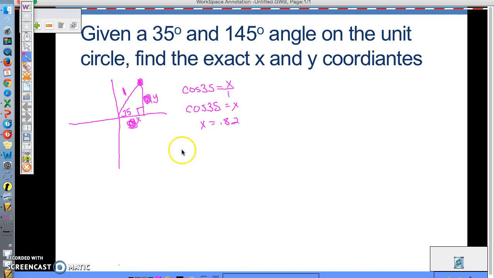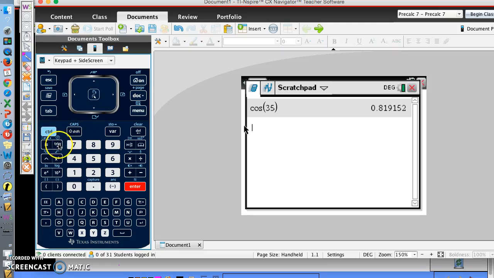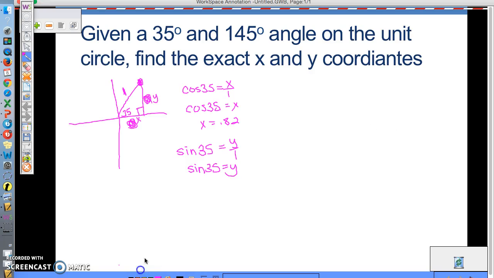And to find that y value, the sine of 35, because that's opposite over hypotenuse, equals y over 1. So the sine of 35 equals y. And we can type that in, the sine of 35, and we have 0.57. So y equals 0.57. So the x and y right here, we would have 0.82 and 0.57.